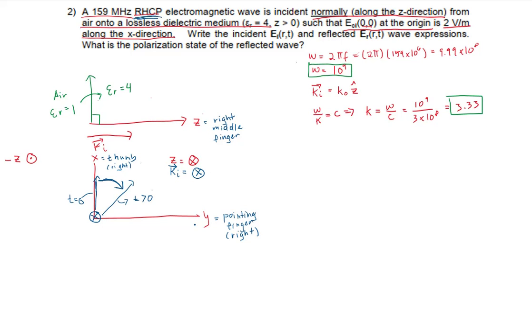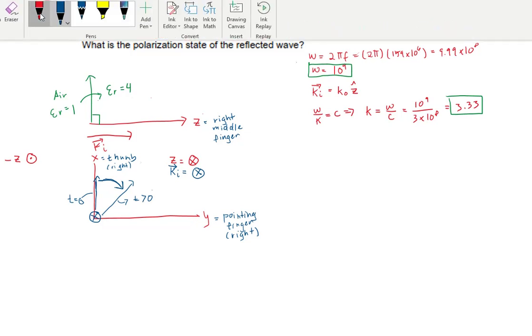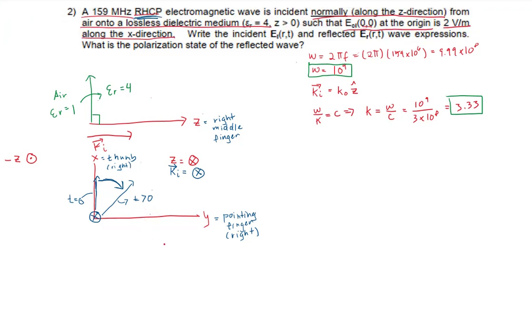Okay, so from there, what we can determine is the second term for our E sub i, or E incident, by right hand circular polarization. So we have k, we have omega, and we have epsilon r. So I think we're ready to write down our E sub i.